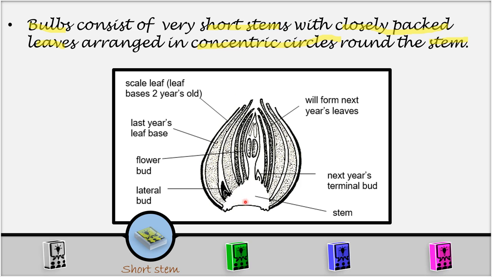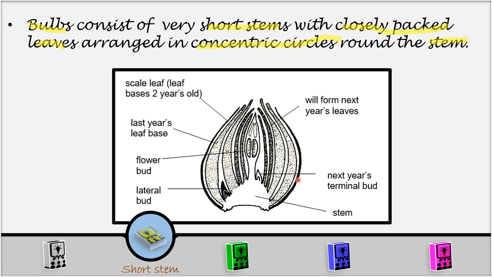Now let's start with this one outside, because this one was one of the first leaves. This is a scale leaf, leaf base 2 years old.